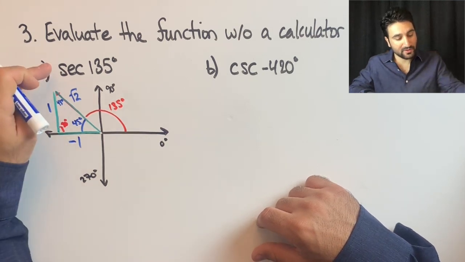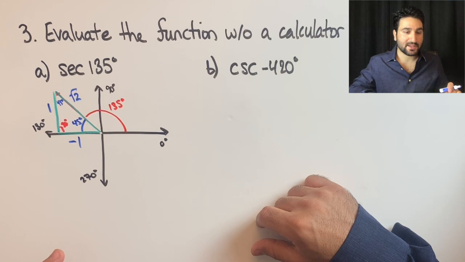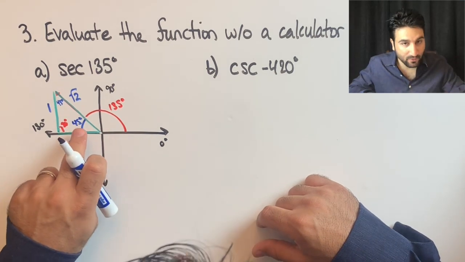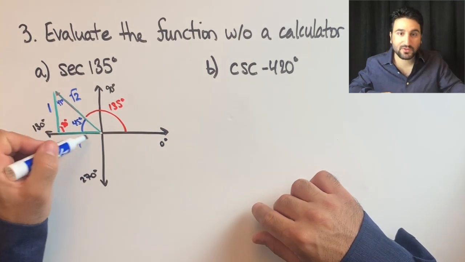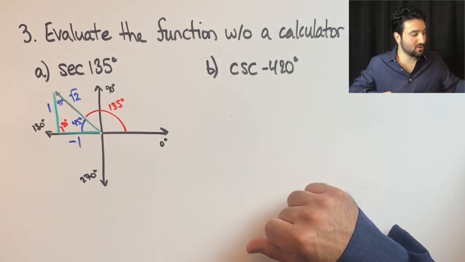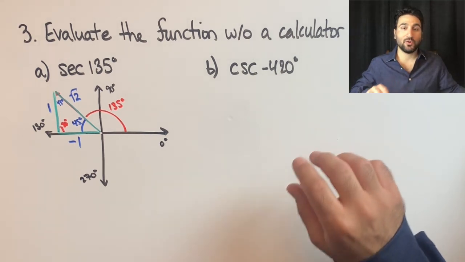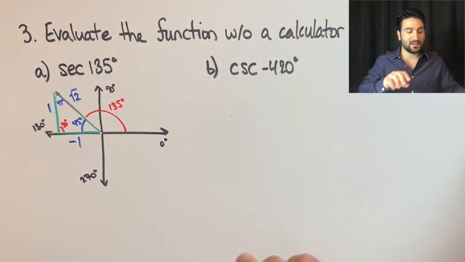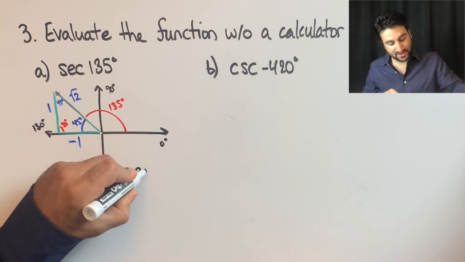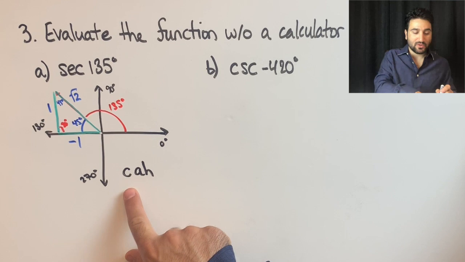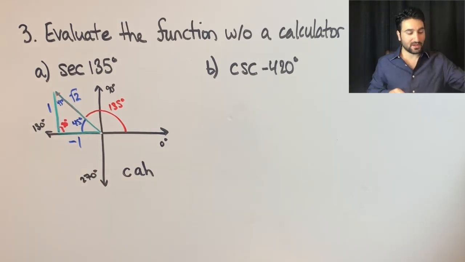So evaluating secant of 135 is the same as evaluating secant of 45, the reference angle of this proportioned triangle. From SOHCAHTOA, cosine equals adjacent over hypotenuse. Secant is the reciprocal of cosine.